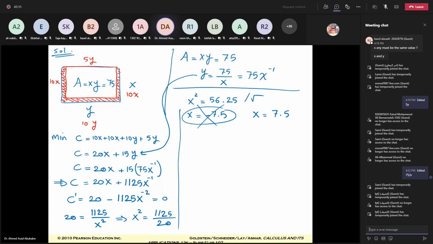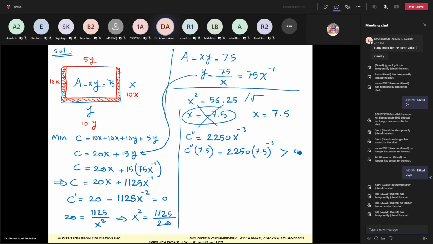Must be positive. Okay. Now, by second derivative test, we need to check whether this is positive or negative. So we have positive 250 x to the power negative 3. After substituting the 7.5, this equals 250 times 7.5 to the power negative 3.